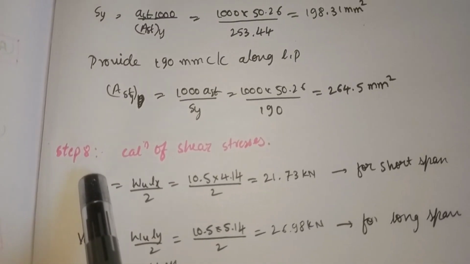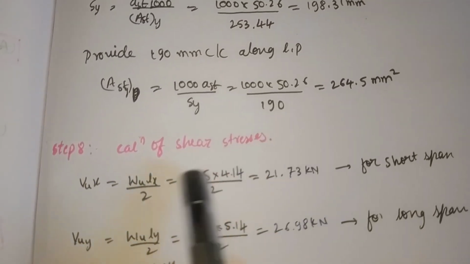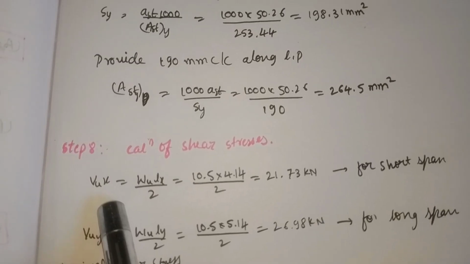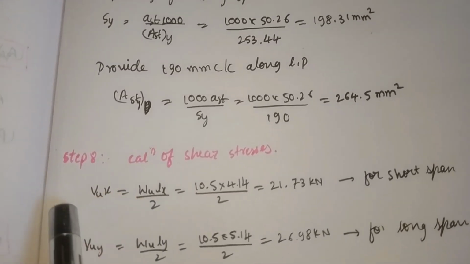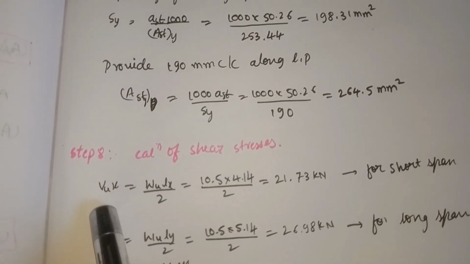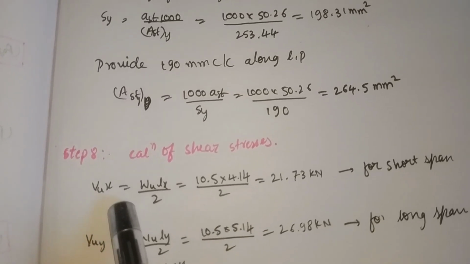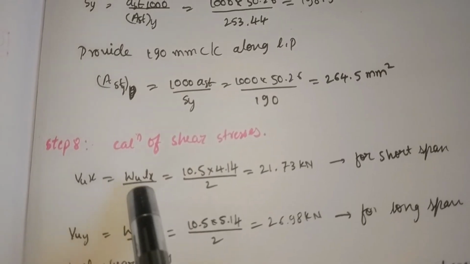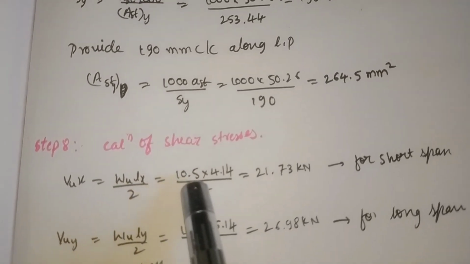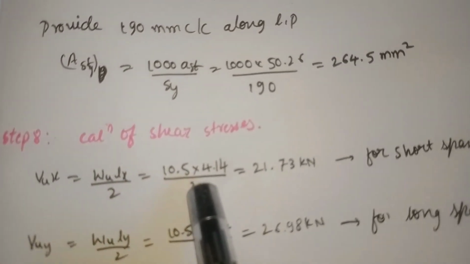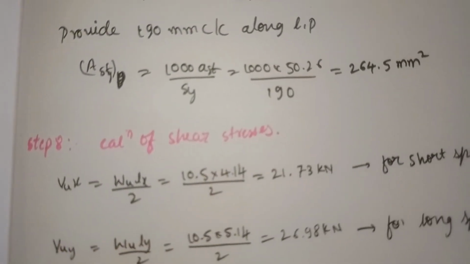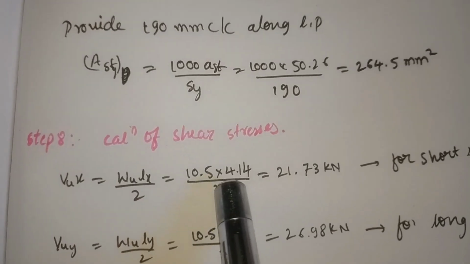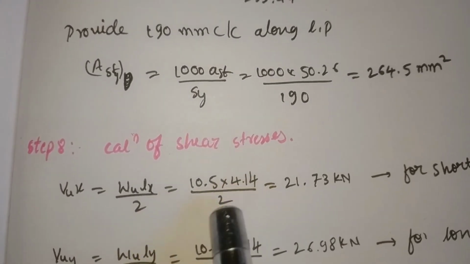So step 8 is calculation of the shear stresses. For that, here also we need to calculate the shear force along the longer span as well as shorter span. So shear force formula we have Vux is equal to WuLx divided by 2. So Wu value we got was 10.5, Lx value was 4.14, divided by 2.